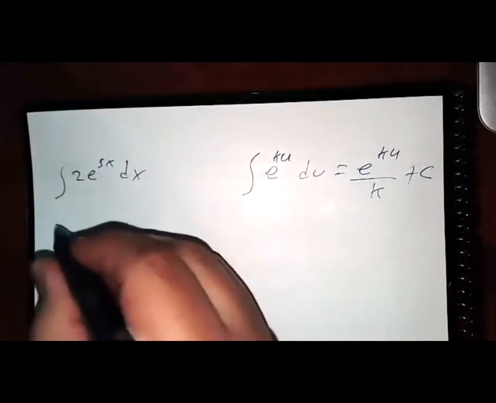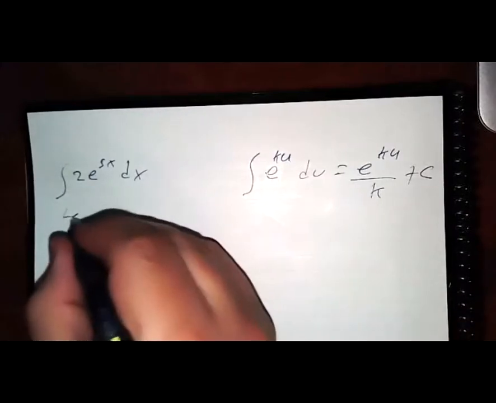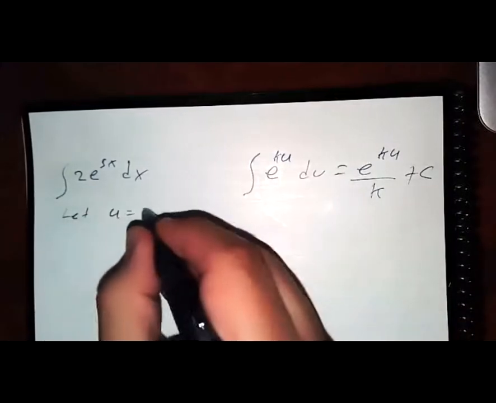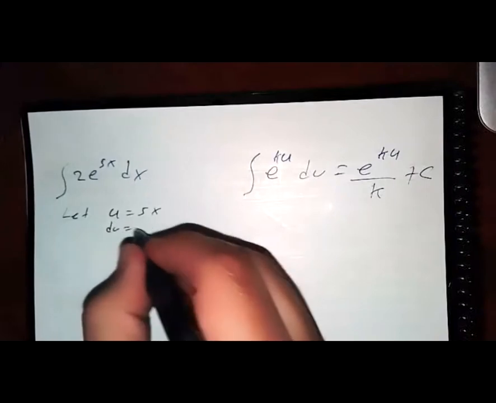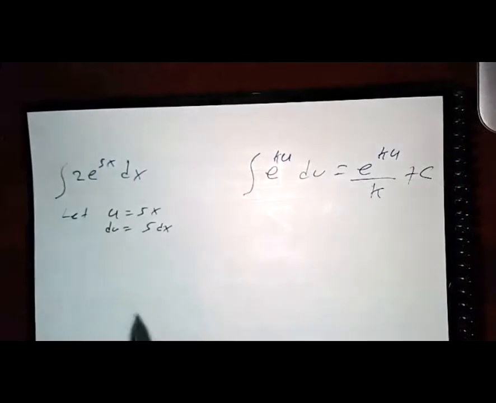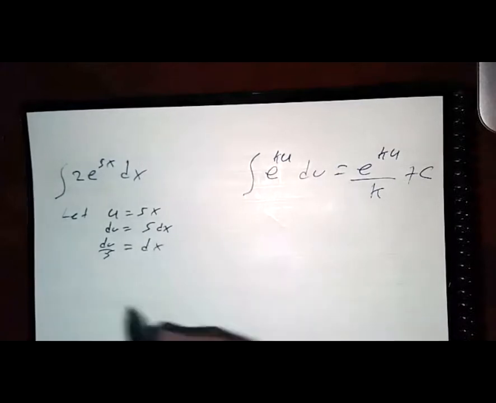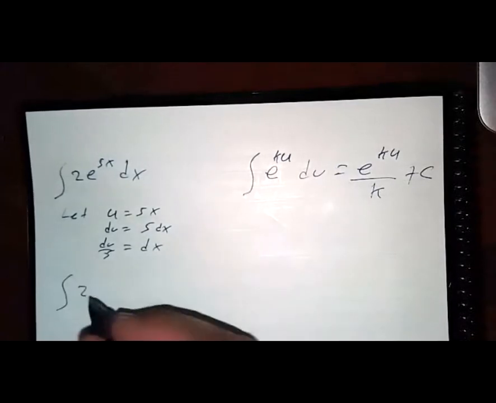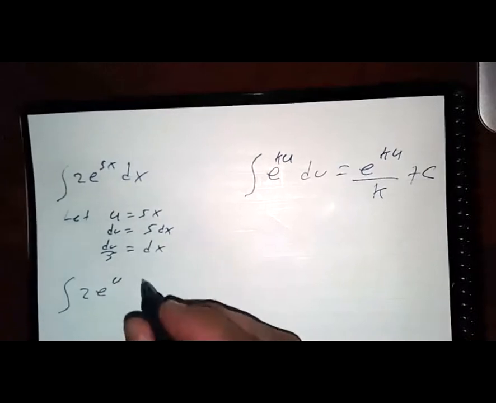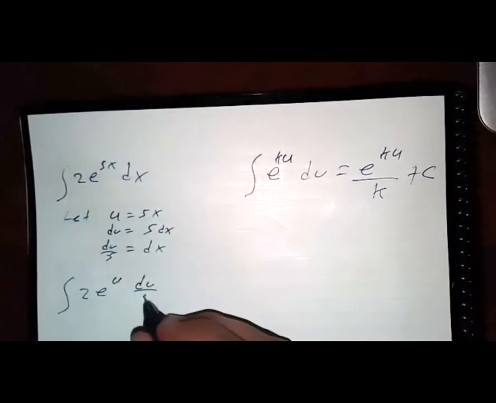So technically you can say let u equal 5x, du equals 5 dx, du over 5 will solve for the dx. So finally you'd have 2 e to the u du over 5.